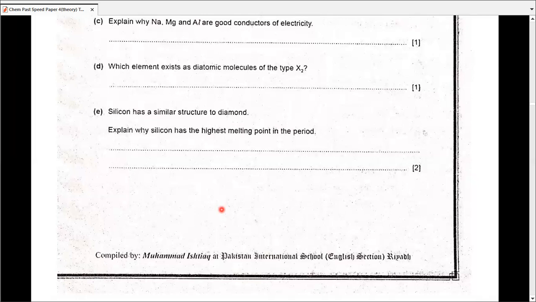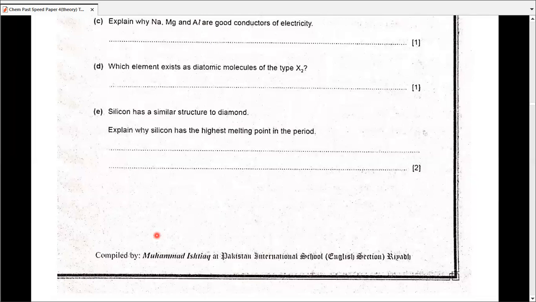Extended? Throughout the structure. Okay, sir. Having giant macromolecular structure with strong covalent bonds extended throughout the structure or throughout the network. You may write the word network or structure, that's fine. Mentioning giant macromolecular structure and strong covalent bonds extended throughout the structure are the 3 points that are going to get you 2 marks for these 2 lines.